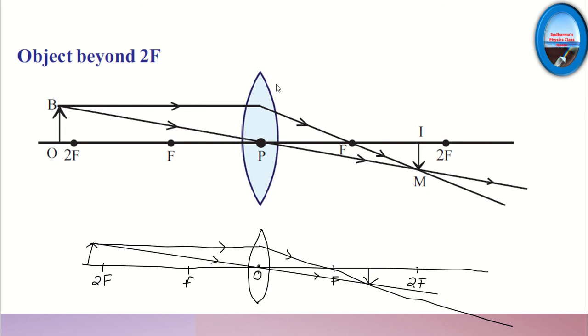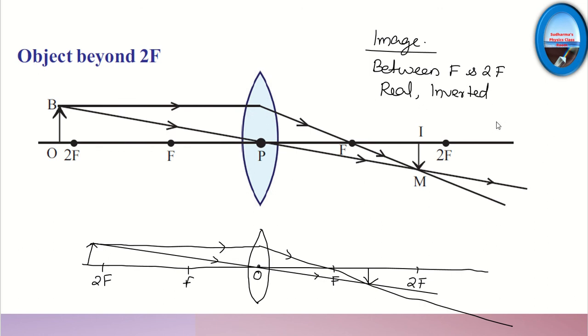We have to show the direction. Okay. So the image is formed between f and 2f when the object is beyond 2f. So we can say that the image between f and 2f, they are really meeting, right? The rays are really meeting. So it is real. All real images are inverted.